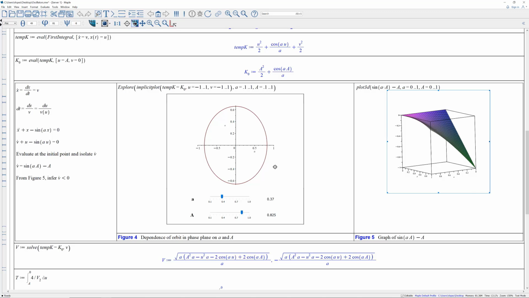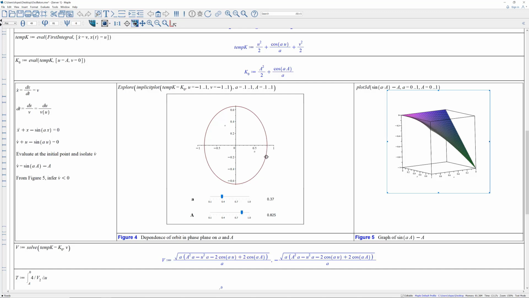So what does that tell you? It tells you that you sit right here, that's the initial point, u is a, v was 0, v dot is negative, so it's decreasing. So v is decreasing. So you're traversing the orbit in the clockwise direction.